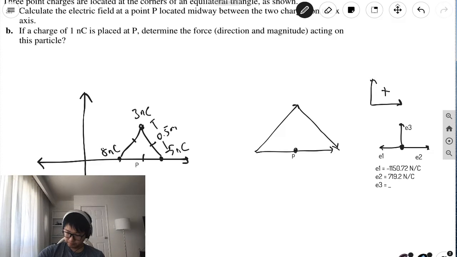Yep, so that's the vertical distance to charge 3, right?